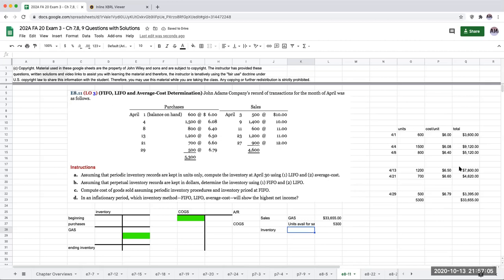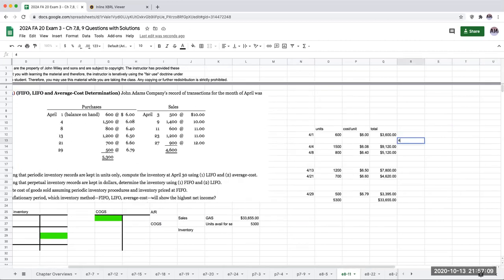Then what I need to figure out is my units sold. In terms of my units sold, I had a sale on April 3rd, April 9th, April 11th, April 23rd, and April 27th. So my units sold are 500, 1,400, 600, 1,200, and 900.